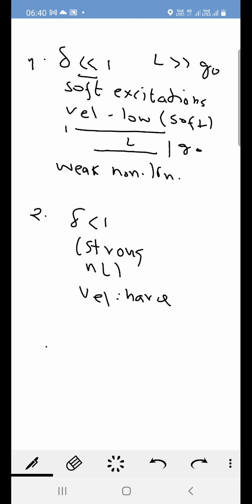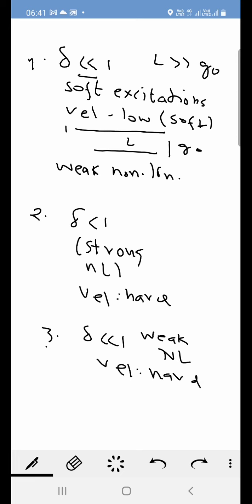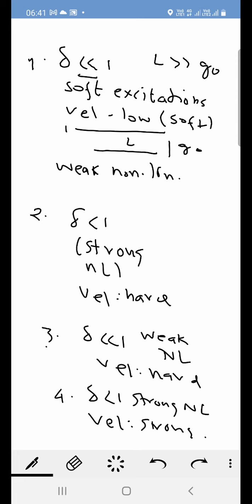The third case is when there is weak nonlinearity, whereas the voltage applied is hard. And the last case is when there is a strong nonlinearity and the voltage applied is also strong. So these are the four different cases, strong, or you can call it hard.